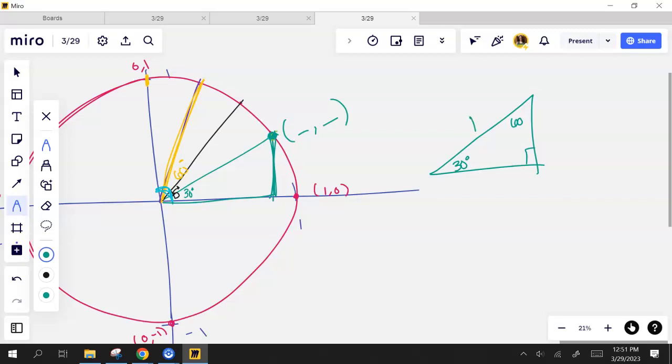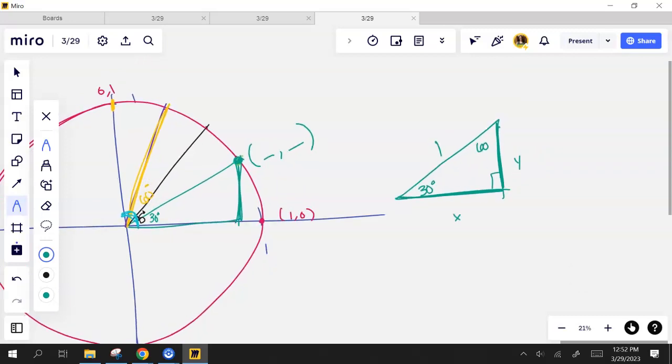Now could you find those missing side lengths? Because the missing side lengths are going to be my coordinates here, right? So this would be my x coordinate. This would be my y coordinate. Do you agree? Okay. So 30, 60, 90, always get back to the short leg. How do I get back to the short leg? From the hypotenuse, you divide by what? 2 to get to the short leg, right?